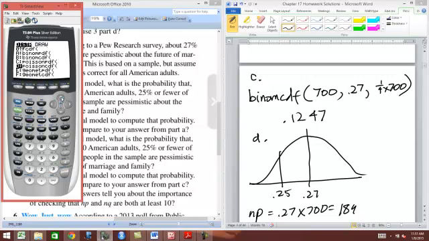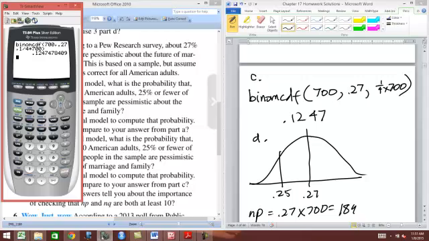NP, so put in 700, and p, in this case the population parameter, 0.27, comma. Now, we want to know the probability that we get 1/4 of the population, so you can just put in 1 divided by 4 times 700. You don't have to do a side calculation; the calculator will handle it for you. And we get 0.1247.